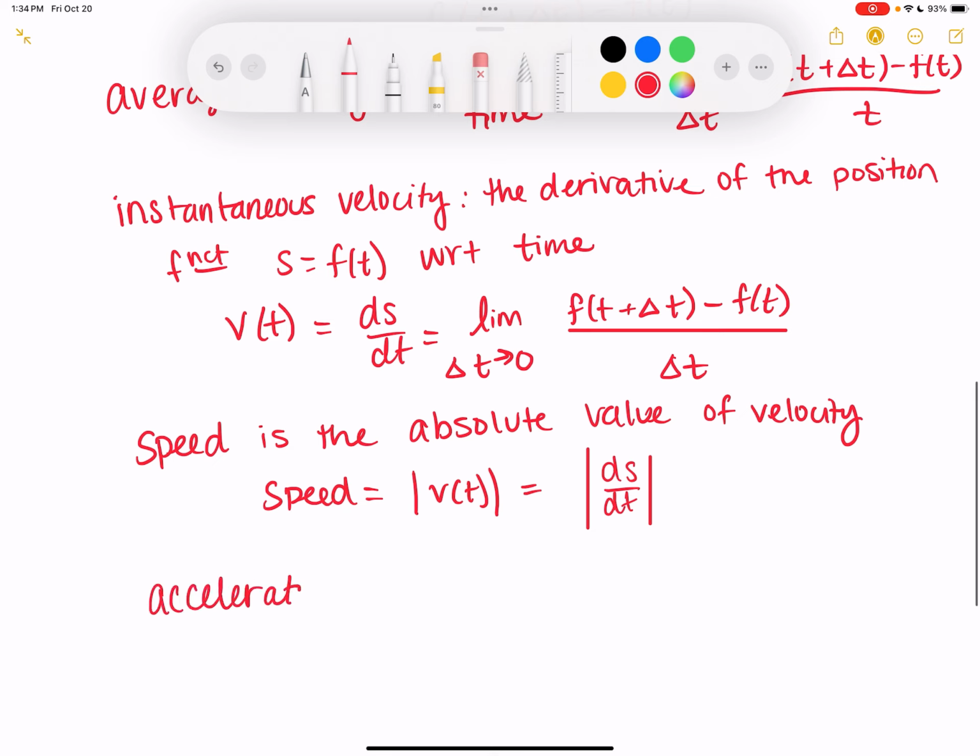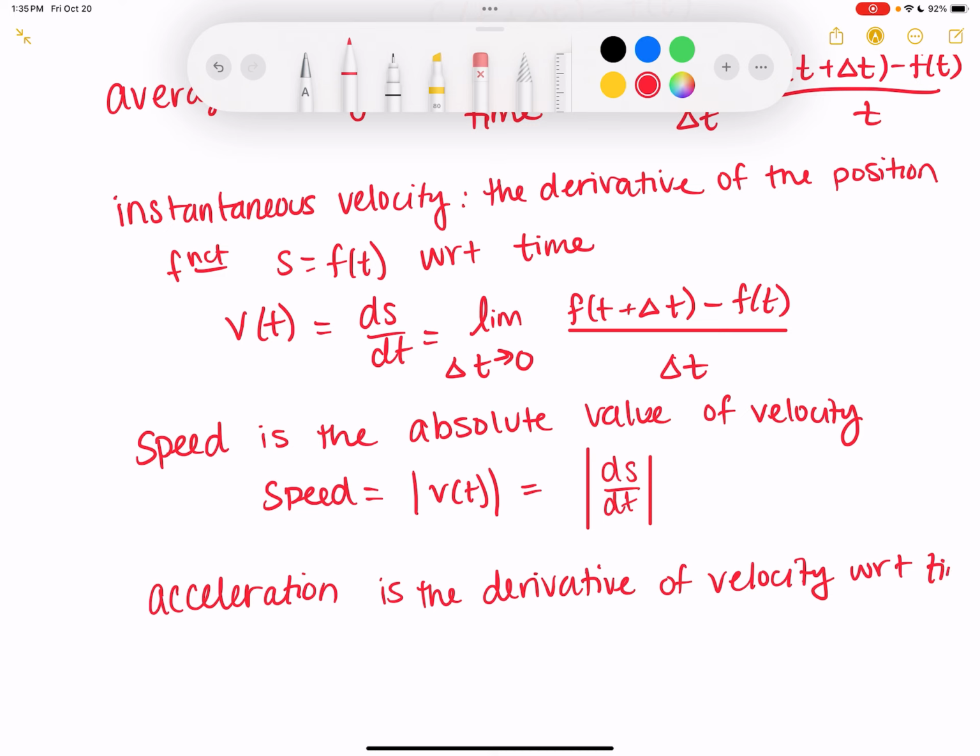Then acceleration is the derivative of velocity with respect to time. Now, the other thing that you can know is that acceleration is the second derivative of position.